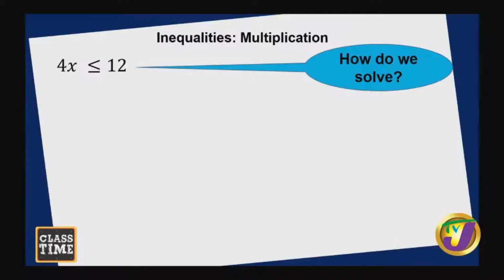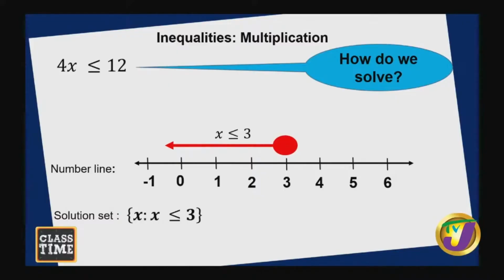And we see there that this would be the number line represented, and here we have the set builder notation. As read, x is such that x is less than or equal to 3. By definition, we were not given a particular situation to say that we are to identify integers for this solution set.